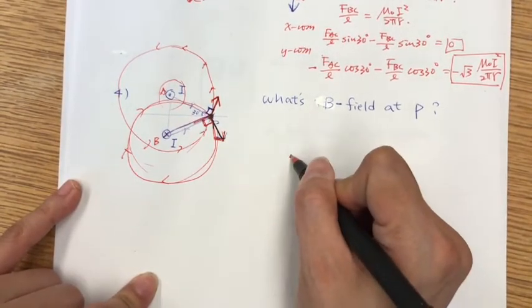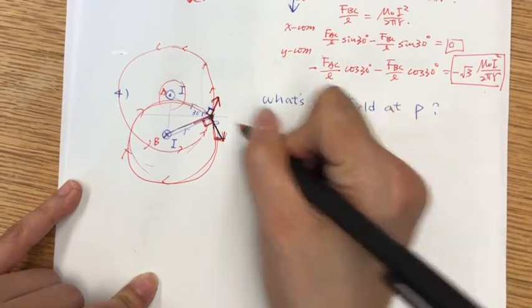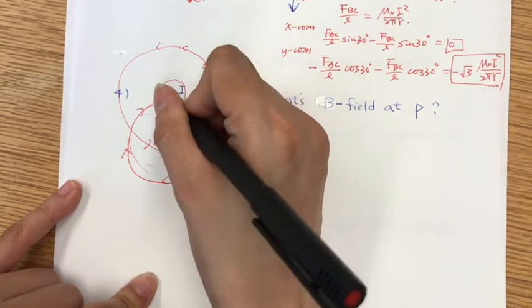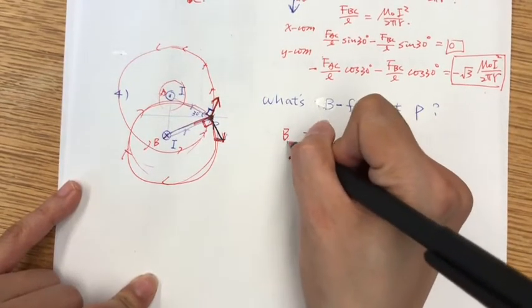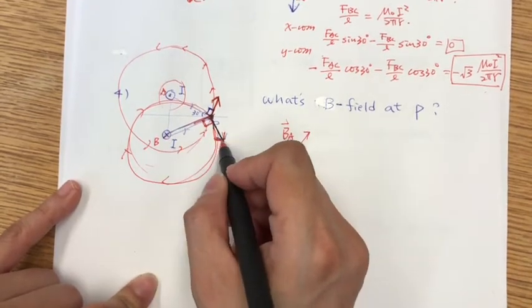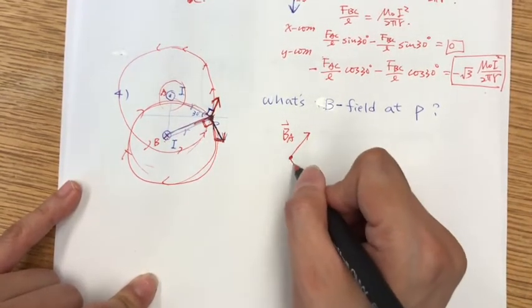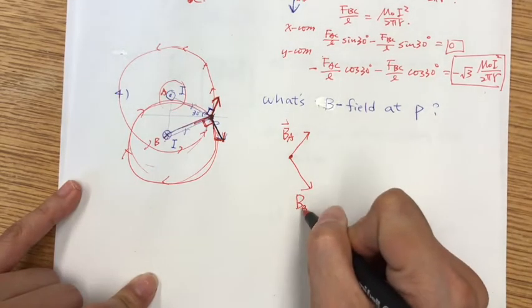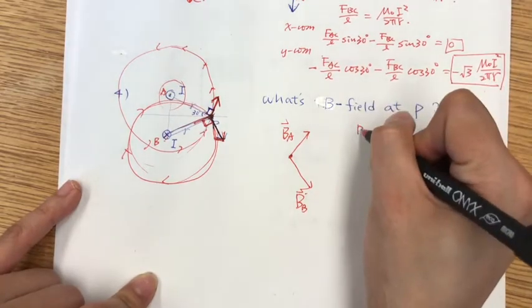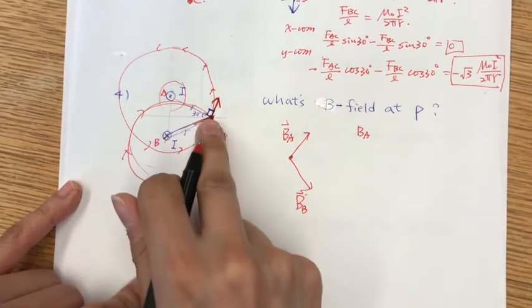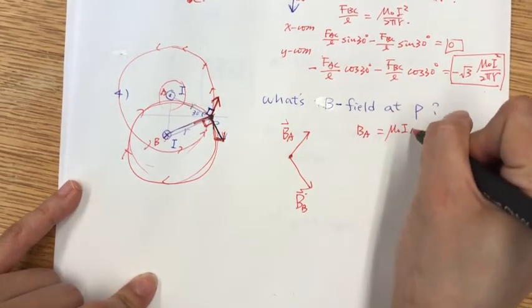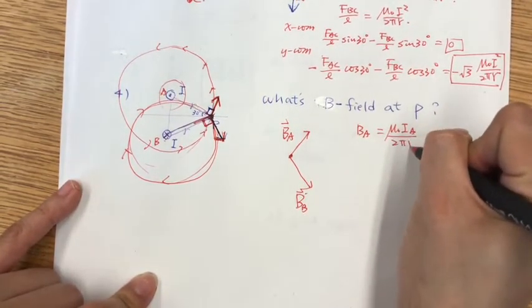If I want to draw a better picture here, the first field created by the A current, let's call it BA, is in this direction. And the field caused by this one, I'm going to call it BB, B sub B. And the magnitude of the magnetic field at this point caused by A is mu naught IA over 2 pi r.